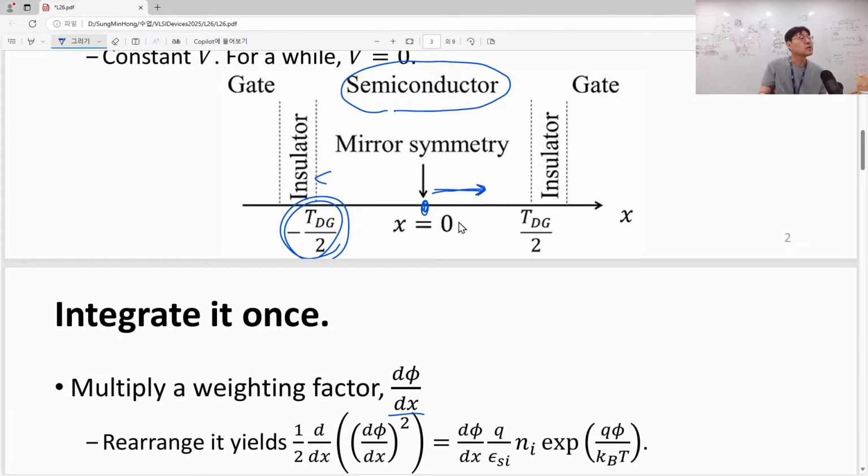Of course, eventually we will go to the half thickness, but in general we can start anywhere.